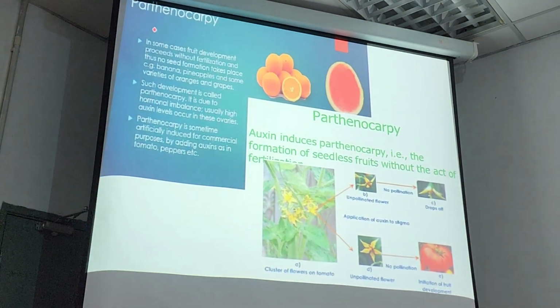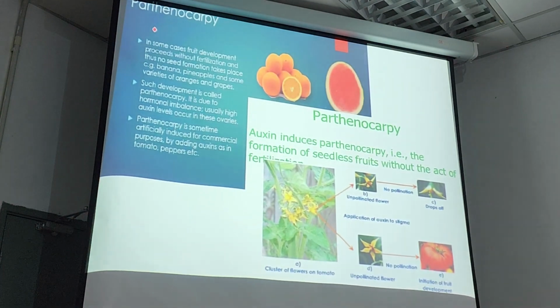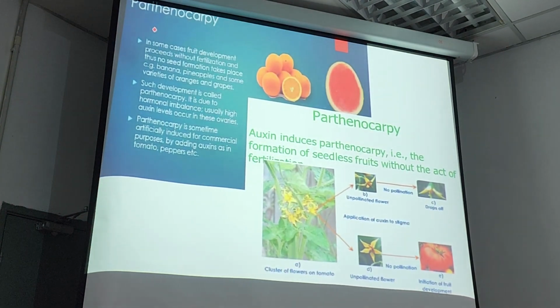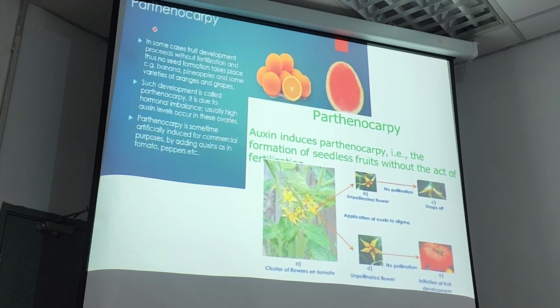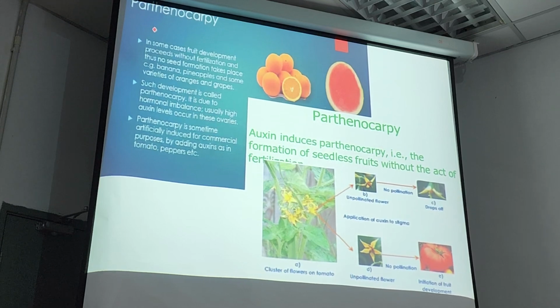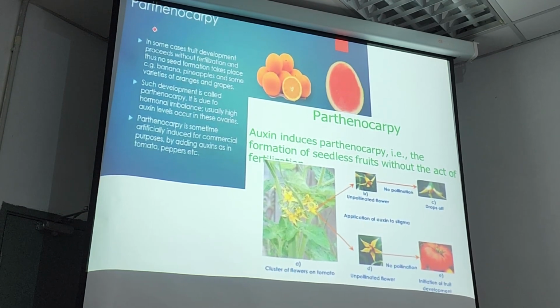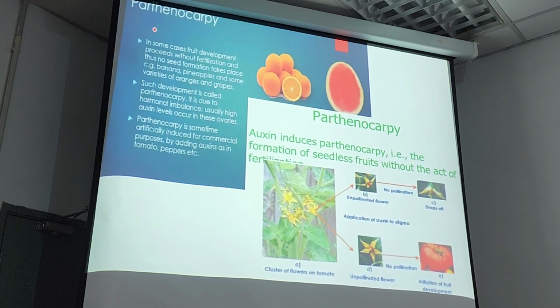So if you learned from your botany, you know that upon pollination, meaning that the pollen has landed on the stigma, the pollen will start to grow a pollen tube, finding its way all the way down, and then causing the double fertilization. Did you learn this? Belajar tak? Double fertilization. And this will give rise to the fruit.